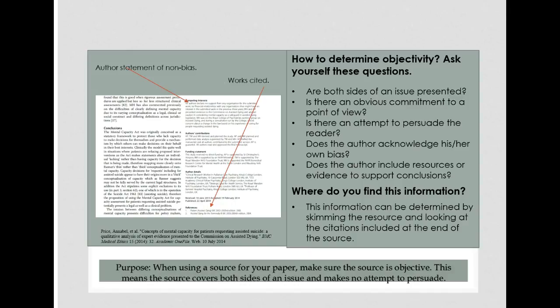Does the author acknowledge any possibility of his or her own bias? And does the author include resources as evidence to support their conclusion? Do they have a works cited page? Where do you find this sort of information? This information can be determined by skimming the resource and looking at the citations included with the research at the end of the sources.